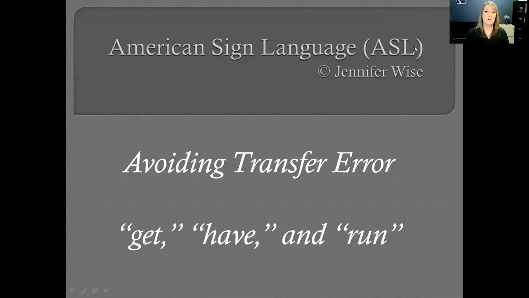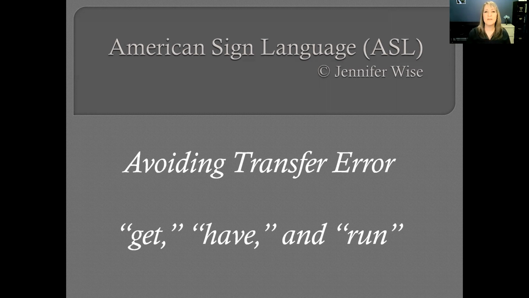So we've talked a little bit already about the term transfer error, the mistakes that are really common for first time second language learners to make before they discover exactly the differences between their native language and the language that they're learning, the target language.